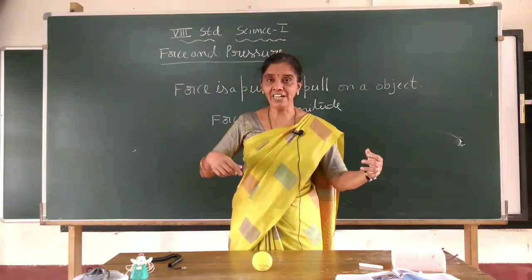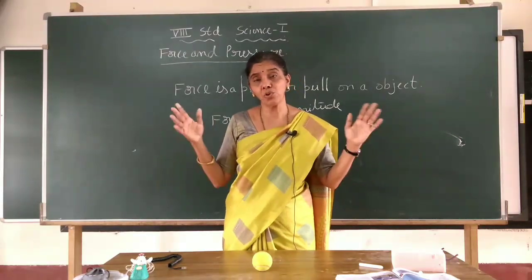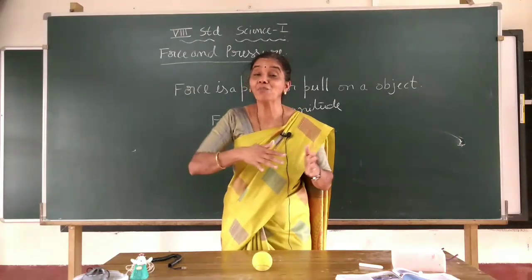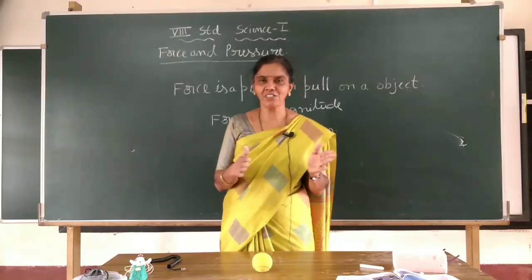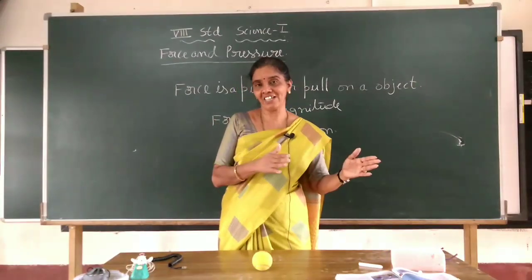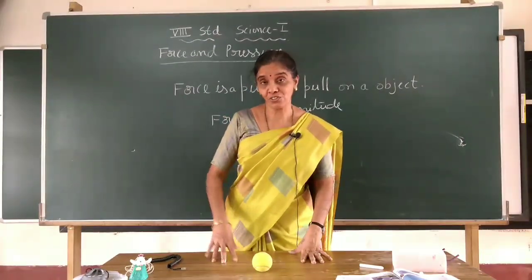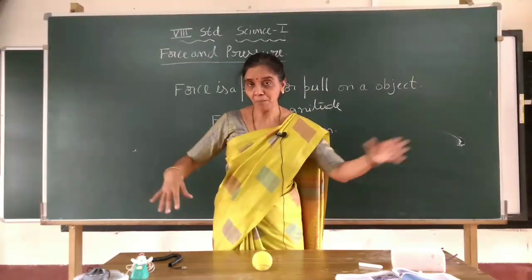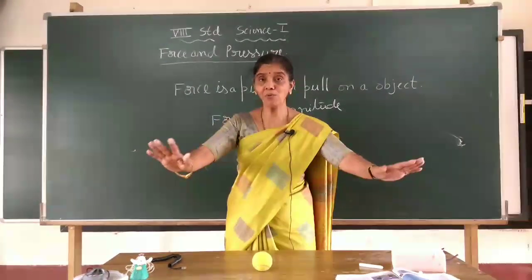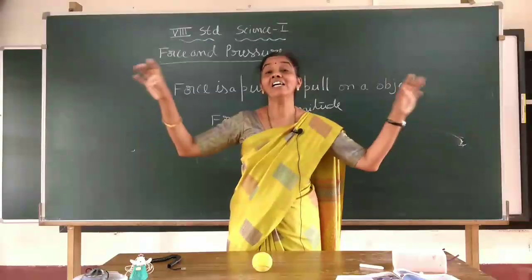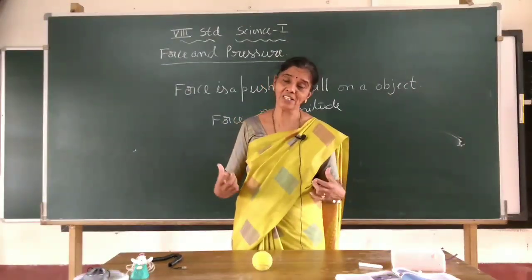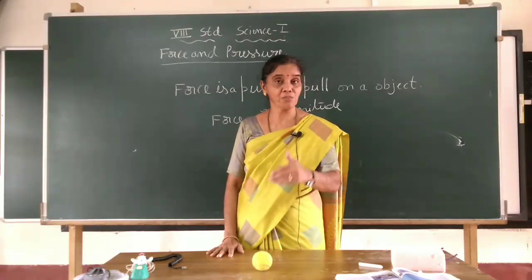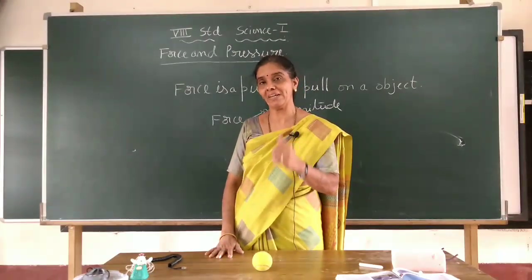So when they pull it, both are applying so much energy, but the rope will not move that much distance. Either it will go a little this side or this side, depending upon the net force applied by that team, A team or B team. Sometimes the rope will not move if both teams are equal in nature. If the magnitude of force is equal, then the rope will not move.